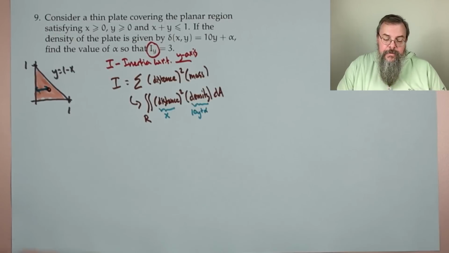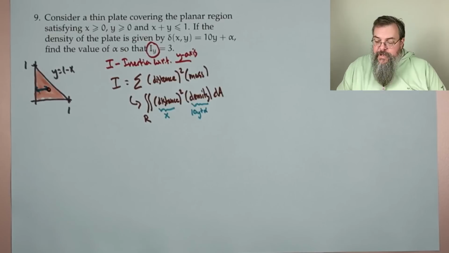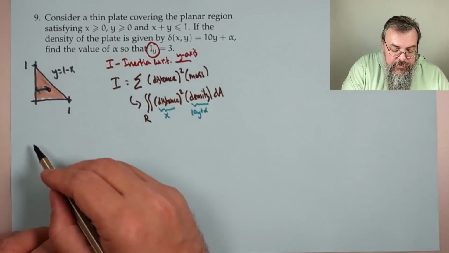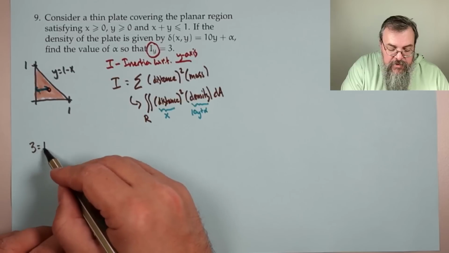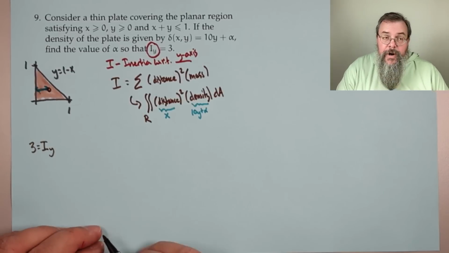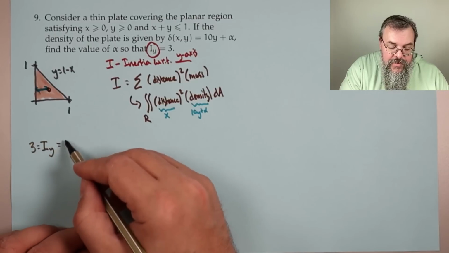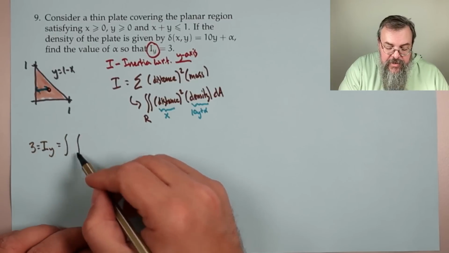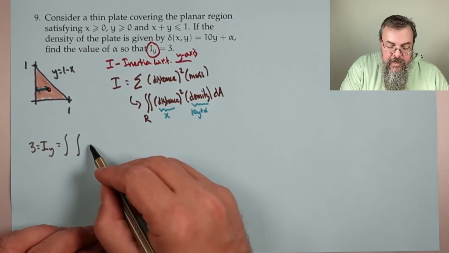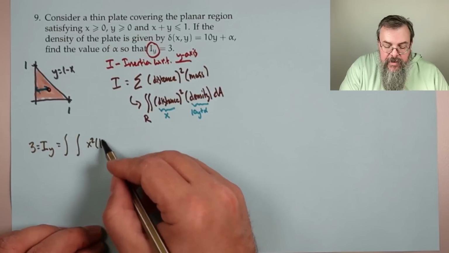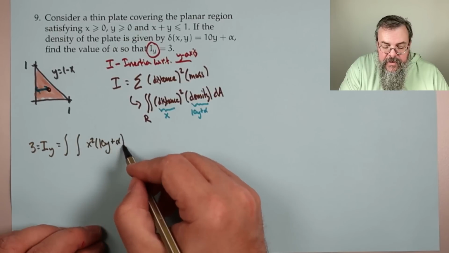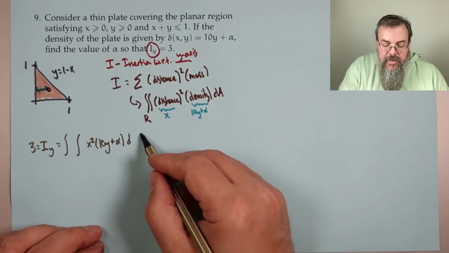And so we're saying, cool, we have our pieces in place. So in particular, we know that 3 is equal to our inertia with respect to y, which is an integral of x squared times 10y plus alpha d something.